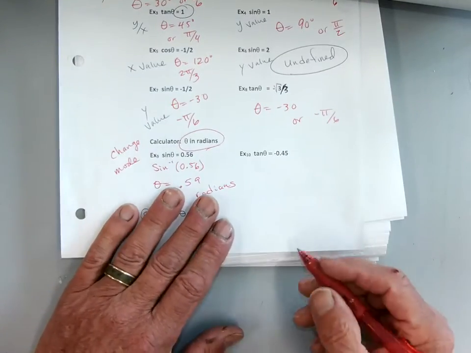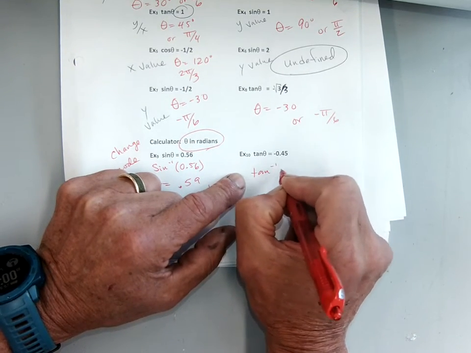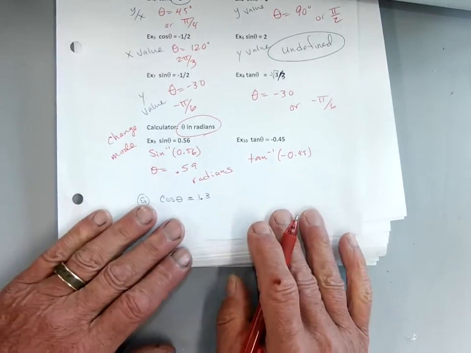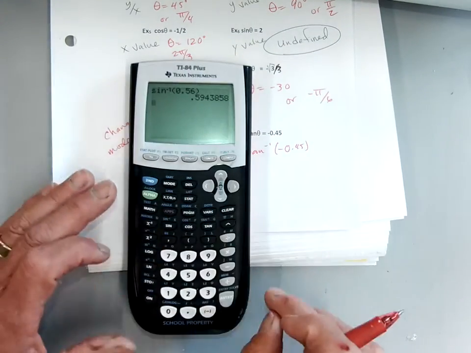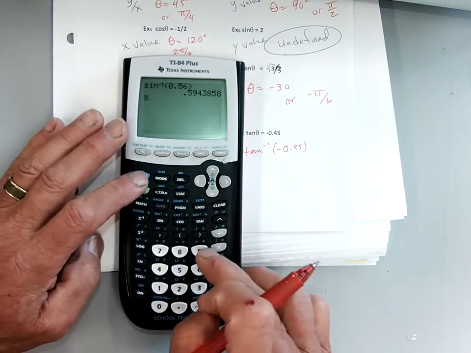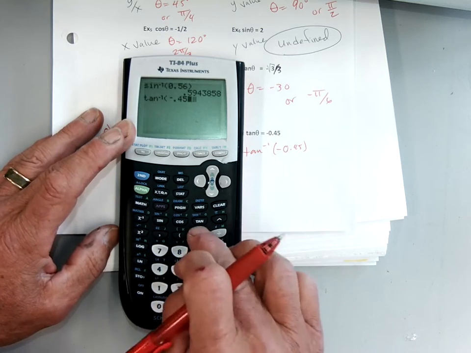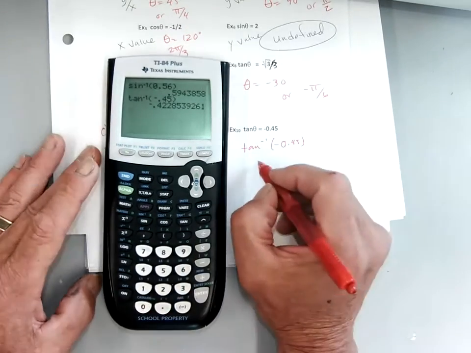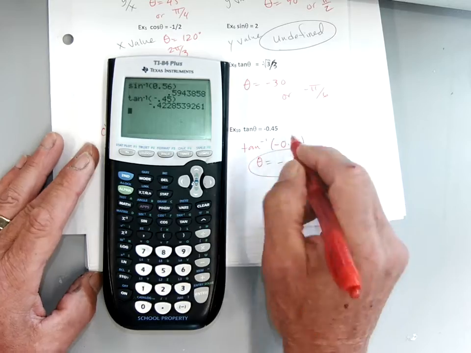Right now, how about tangent? So I want the angle, I'm going to use tangent inverse of negative 0.45, right? I'm going to use my calculator, and I'm going to go tangent inverse of negative 0.45, and I get an answer about negative 0.42, okay? That's an angle. Negative 0.42 is an angle. It doesn't look like an angle.